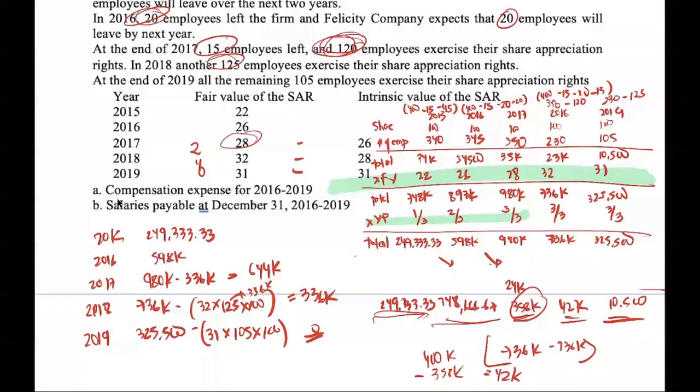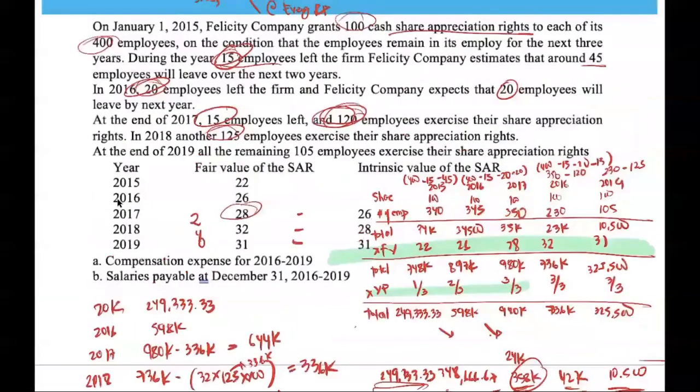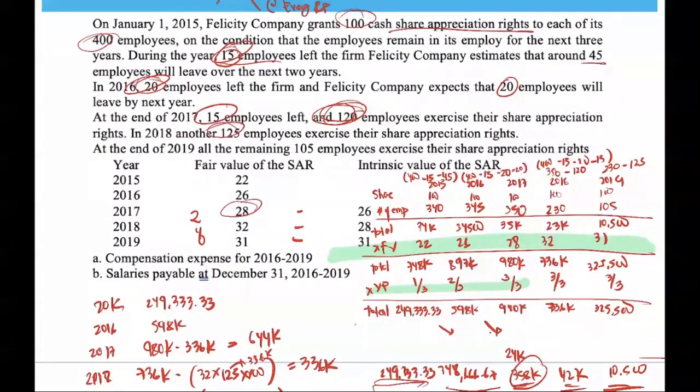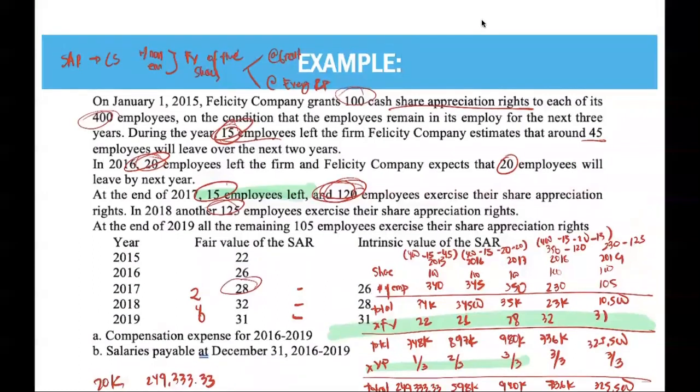Okay? That's our share appreciation rights. I think there was a problem here which was already raised by your classmates. The problem here was that I was not able to provide this 15 employees left. That's why at the end, hindi kayo nag-equal sa 105 kasi nga kulang ng 15 employees left.